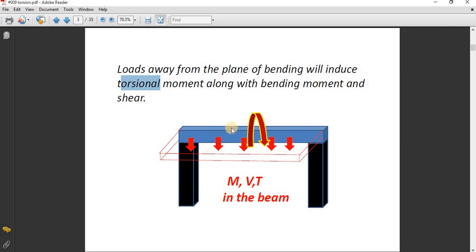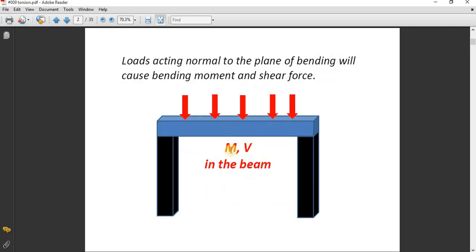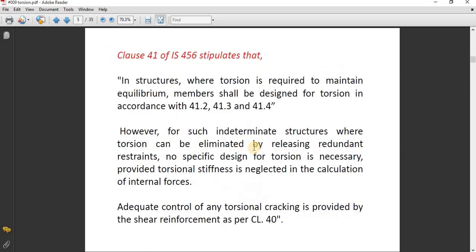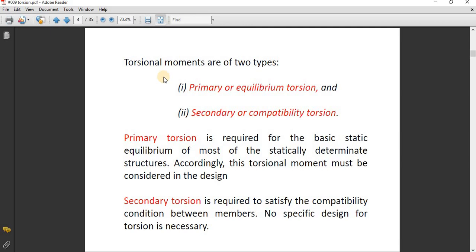Obviously, as we have applied the load, there will be movement and there will be shear in the beam. But when this additional movement is induced by some different element in an RC structure, the torsion is also going to get induced. So while designing a structure, you need to take care of torsion also.